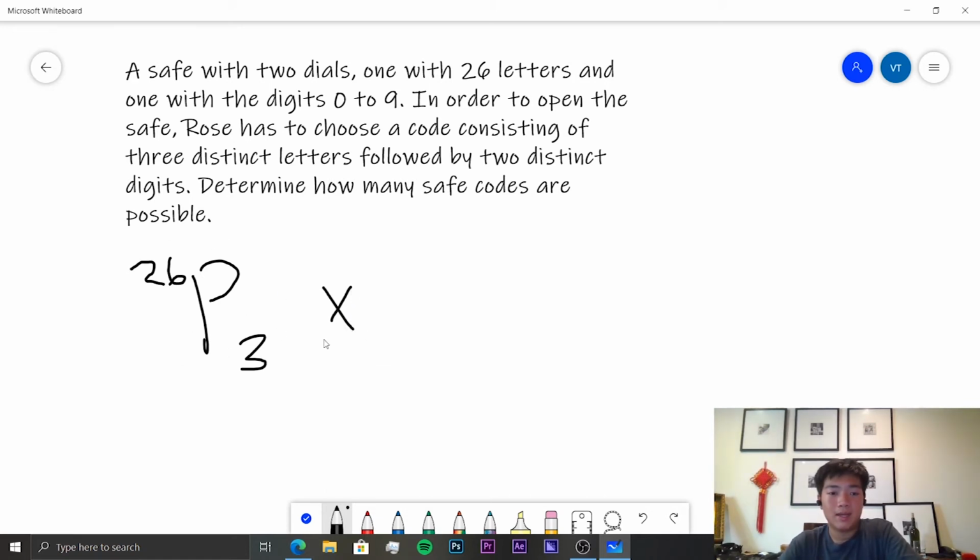And then afterwards, we'll multiply this by the number of permutations for the 2 distinct digits.